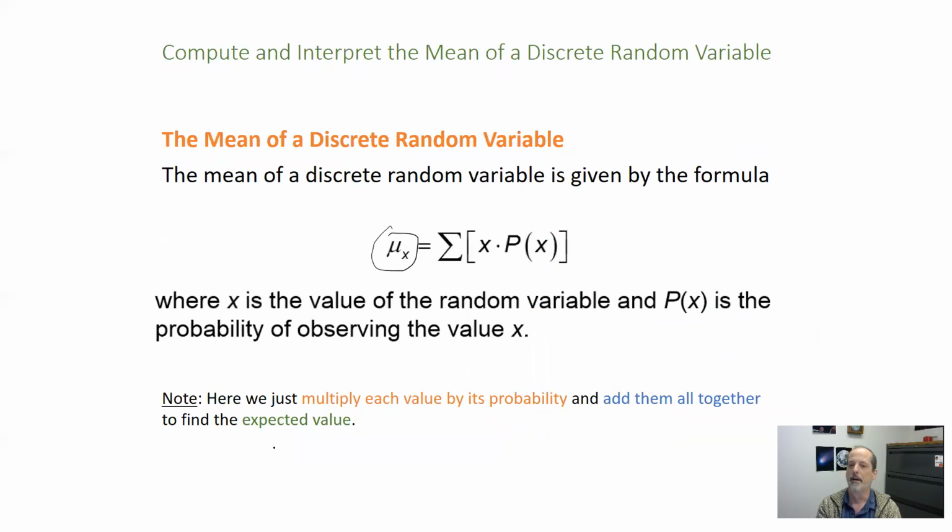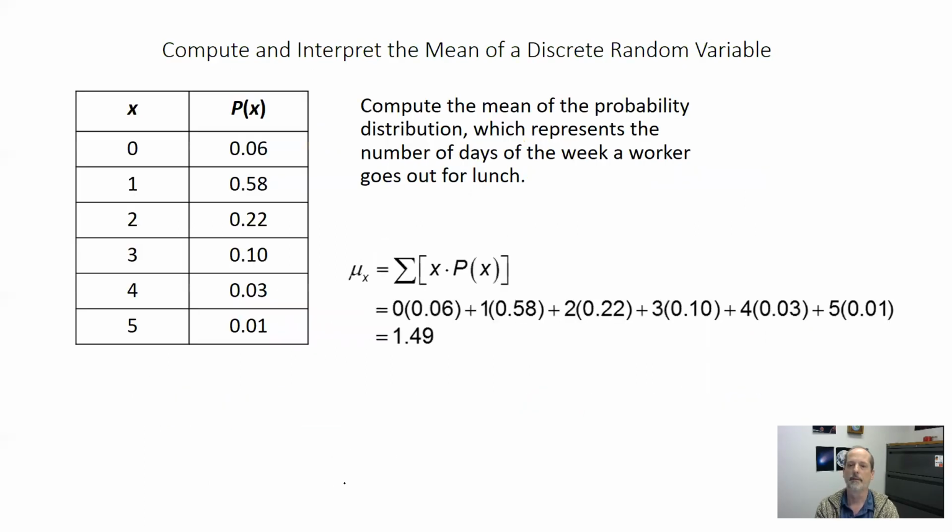Okay, so it summarizes right here for us what we're doing. We're just multiplying each value by its probability and adding them together, and we call that the expected value, and that's the same thing as the mean. So let's take a look at this particular one. This is again the number of days a week the worker goes out for lunch, and we're just taking each outcome times its probability and adding the results together.